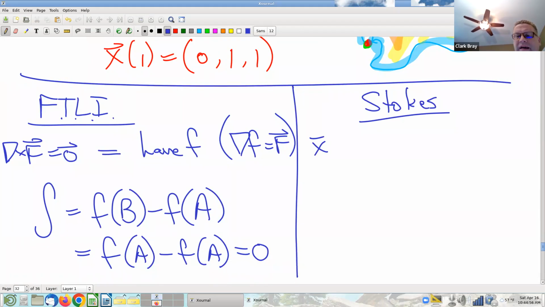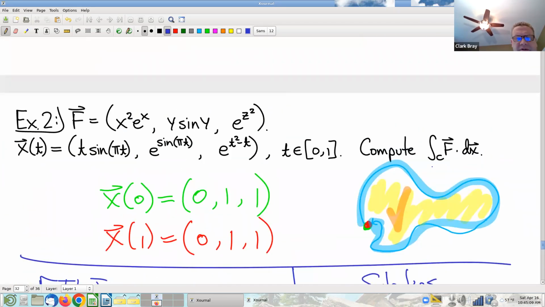So let's see, x of 0 equals x of 1, which implies that this is a closed curve, which implies that my curve, did I name my curve? I did not name it.